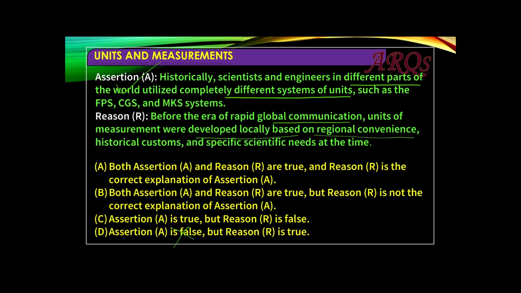On regional convenience, true. And historical customs, etc. Reason is also true. So this is wrong. Now between A and B, do you think reason is the correct explanation for the assertion? Yes. Before there was no proper communication, so they used different units in different places. So reason is the correct explanation. So the answer is A.